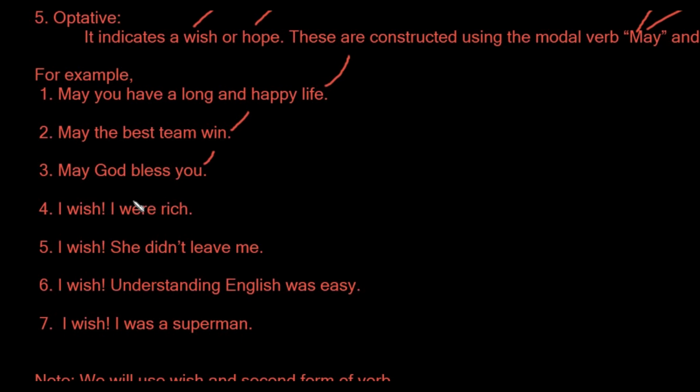You are permitted. No problem. So if you say I wish I were rich, it is an absolutely correct sentence. I'm wishing that I were rich because I'm not rich, and I'm expecting to be rich.